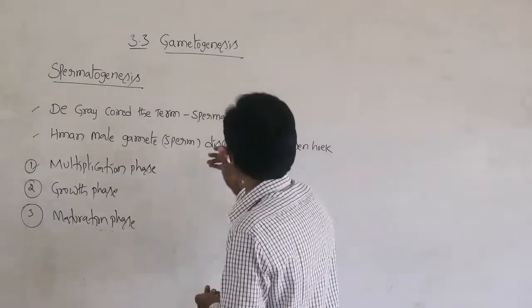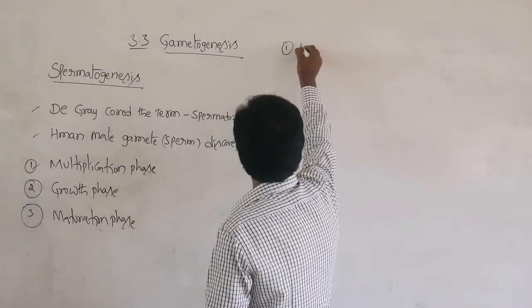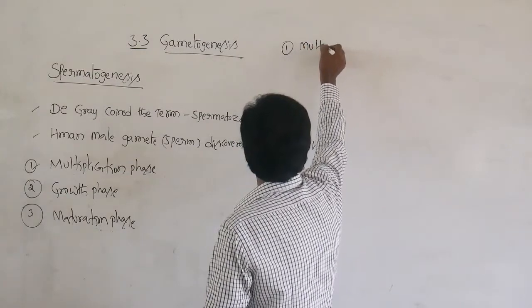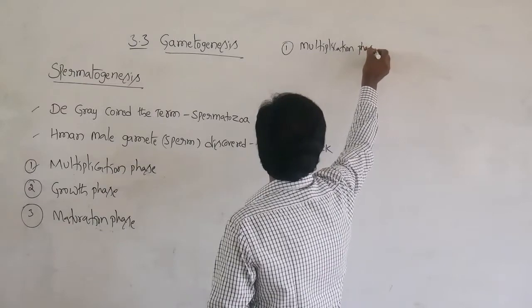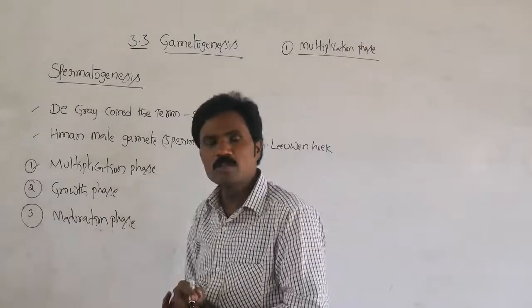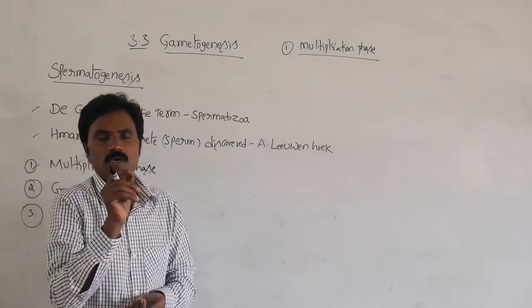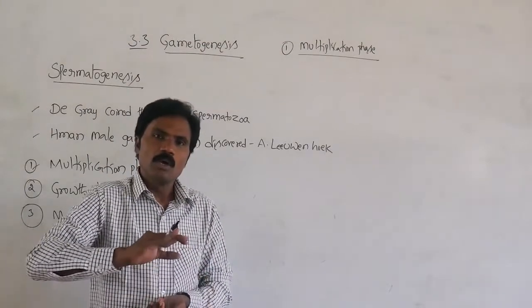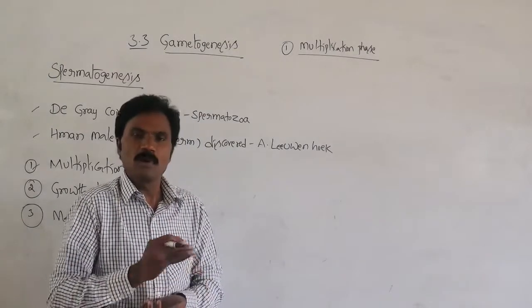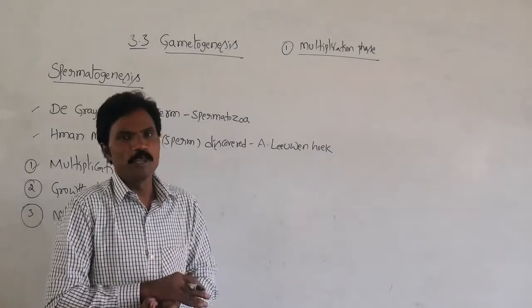In the multiplication phase, primordial germ cells, through multiple mitotic divisions, form the spermatogonia.